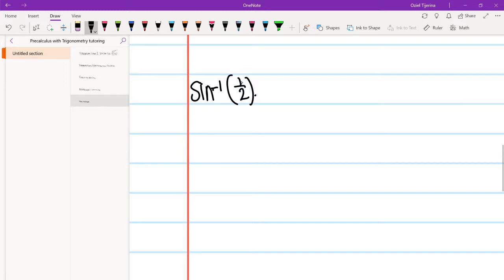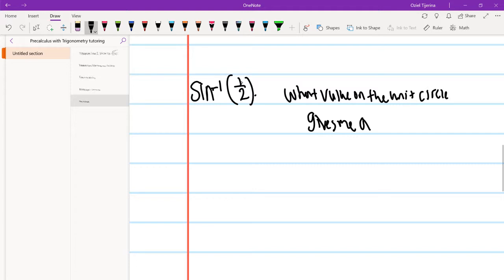Well, you would ask yourself, what value on the unit circle gives me a y value of 1/2?